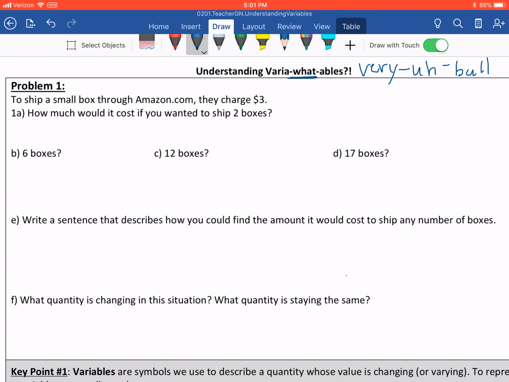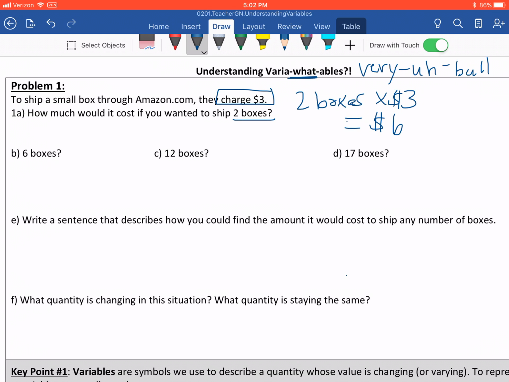So problem number 1. To ship a small box through Amazon.com, they charge $3. Question 1, part A, how much would it cost if you wanted to ship 2 boxes? Well, seems pretty straightforward. If I've got 2 boxes and each of those cost $3, to find the total cost, I take 2 boxes times 3, means I will be spending $6.